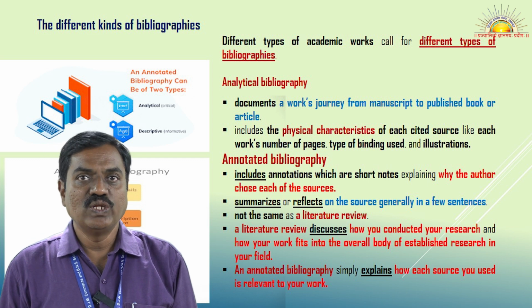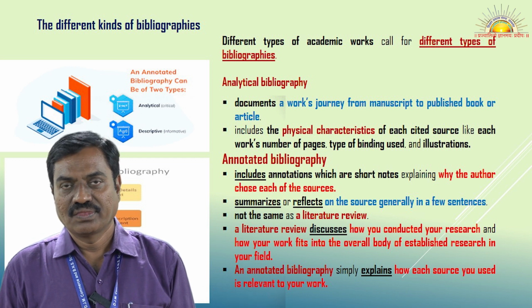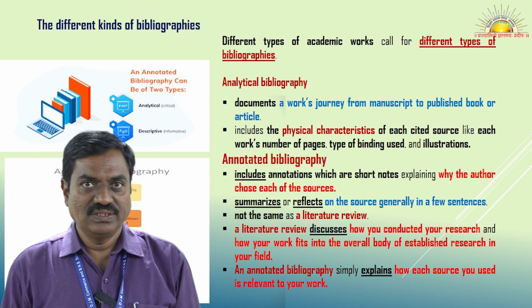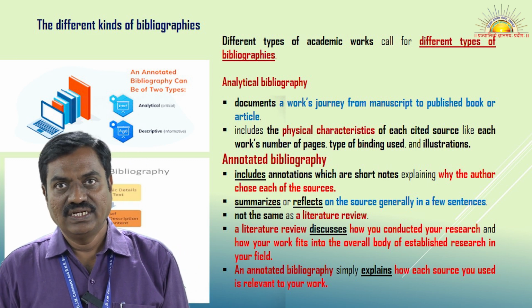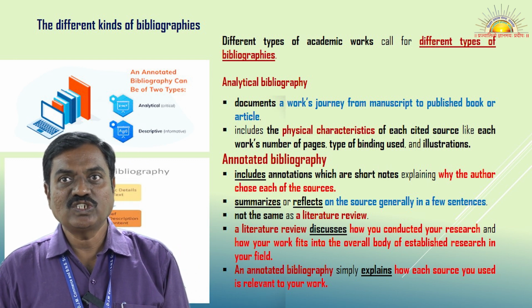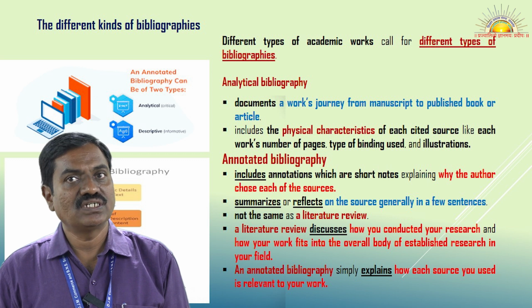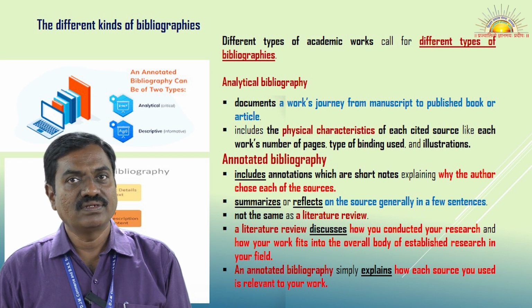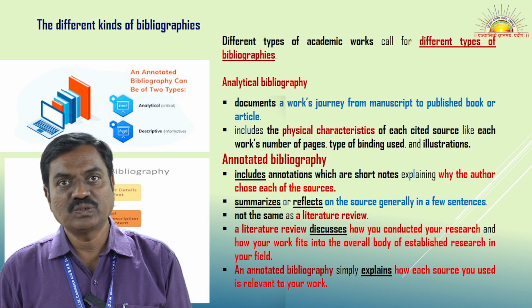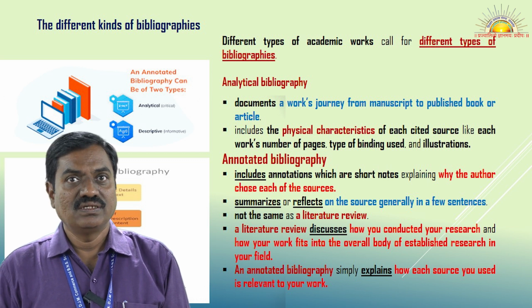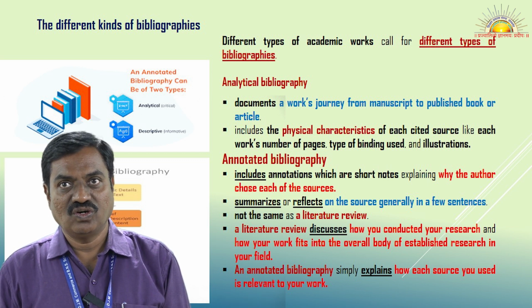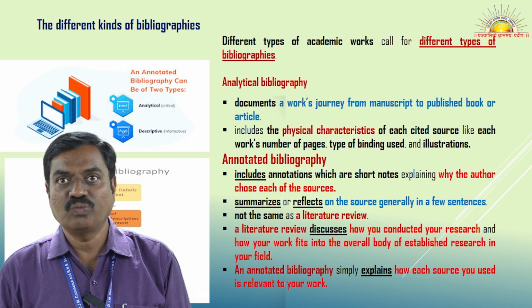Next type is enumerative bibliography. An enumerative bibliography is the most basic type of bibliography. It's a list of sources used to conduct research, often ordered according to specific characteristics, like alphabetically by authors' last names or grouped according to topic or language.